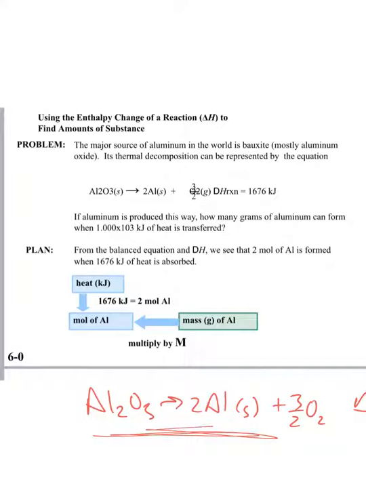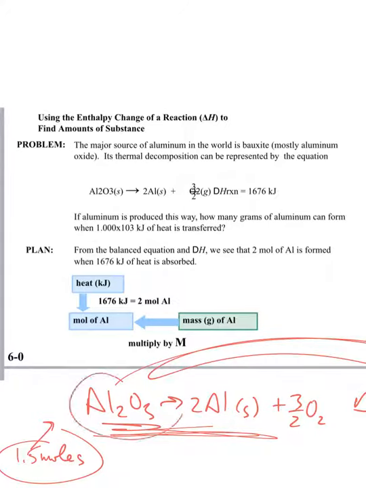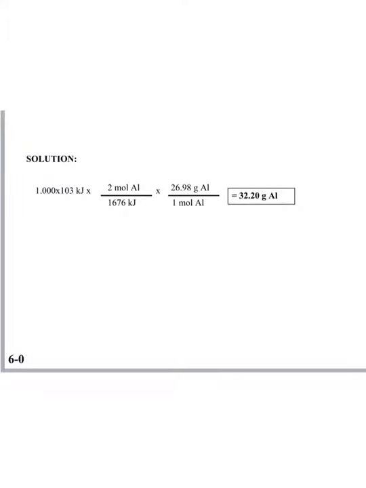So if I wanted to react 1.5 moles of Al2O3, well, I have a conversion factor because 1 mole is equivalent to this much energy. And so I could use that as a conversion factor. So the question here was, let's say I had 1,000 kilojoules, how much aluminum can I react?